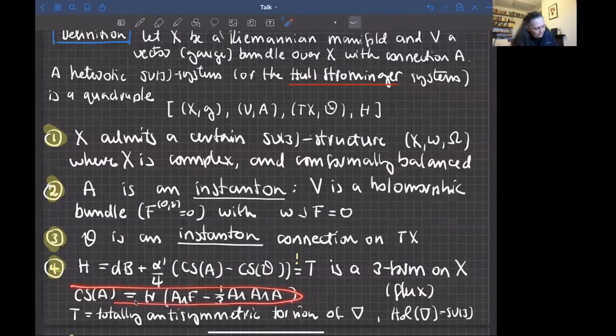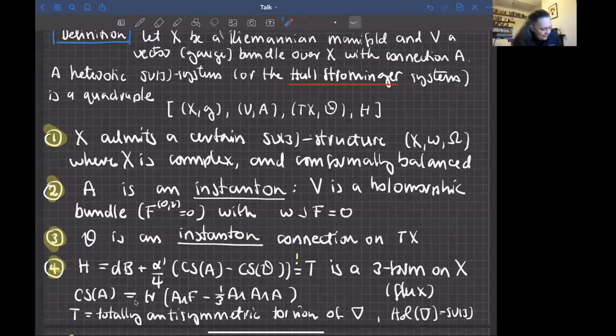This alpha prime here is a constant that appears in these compactifications that is non-zero and is small. It has to do with a perturbative expansion of the heterotic theory as a perturbative string theory.